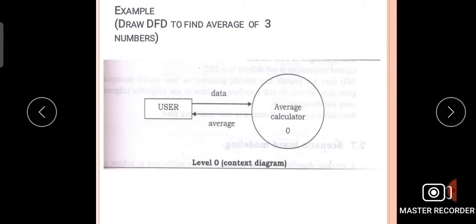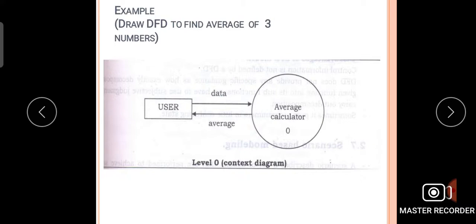Here is our example of a context level diagram, which means level 0 of the DFD system. The user is our entity, and the average calculator is our process. What is the process of the user? The user can calculate the average of total subjects. So the user is our entity and the average calculator is its process.